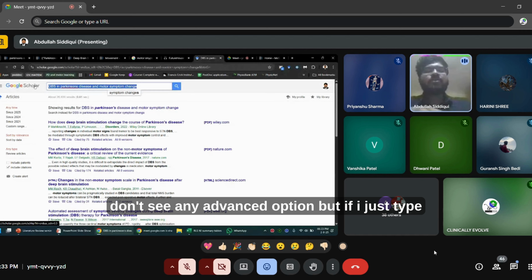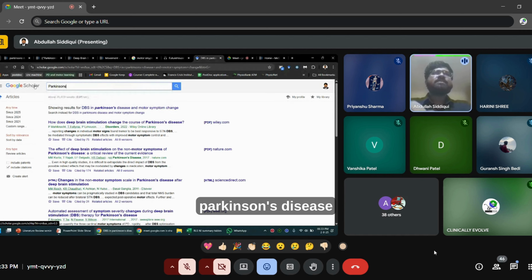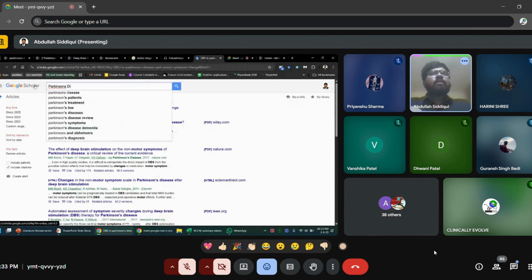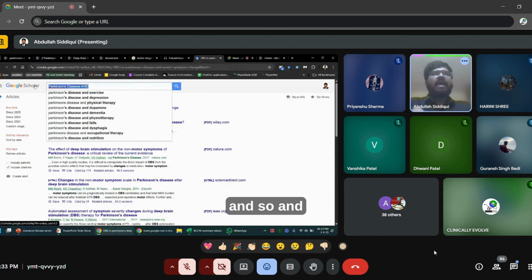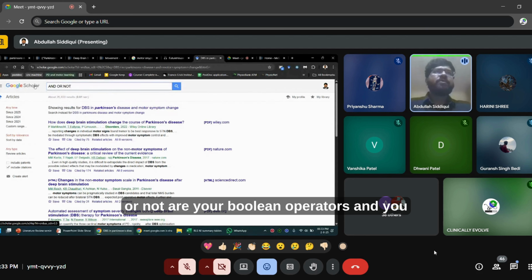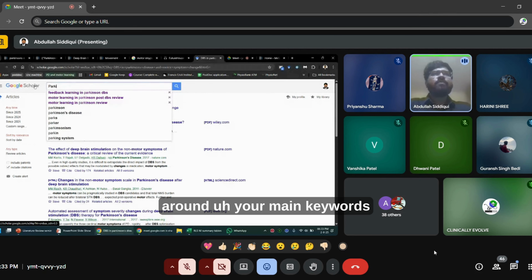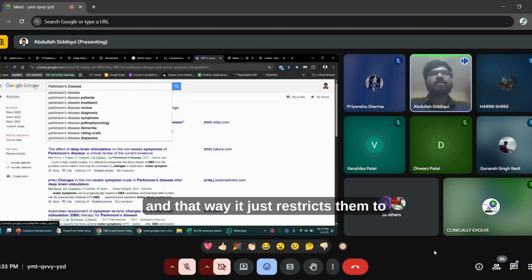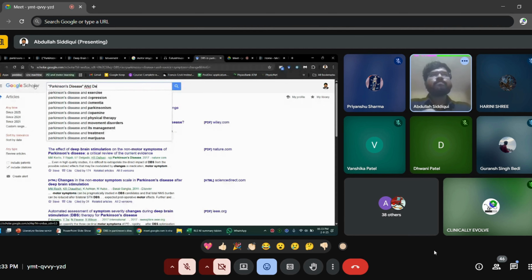You don't see any advanced option, but if I just type Parkinson's disease, AND, OR and NOT are your Boolean operators, and you can use them as is. You can also put quotes around your main keywords, and that way it restricts the search to that keyword.